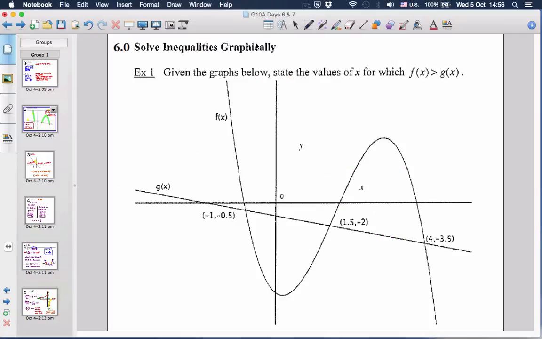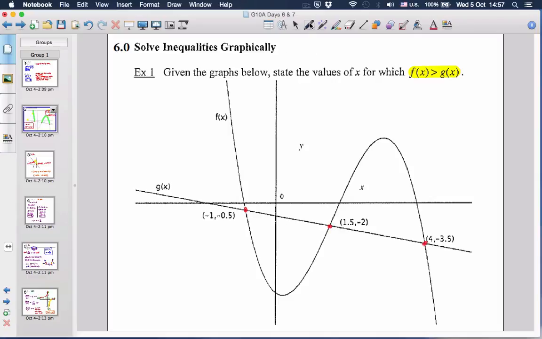Day 6 was solving inequalities graphically, and here's a very general conceptual example. So we want to know when f of x is greater than g of x. In the graph, that'll show as f of x being above g of x vertically, right? When does that happen? Well, the important thing to find is when they are in fact equal to each other. And the 3 places where they meet are here, here, and here.